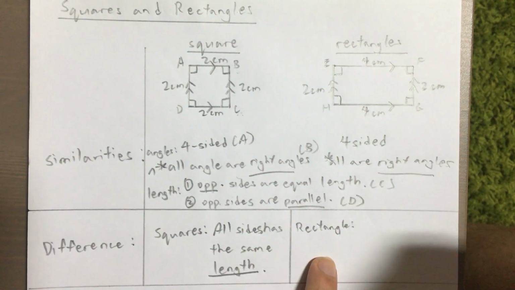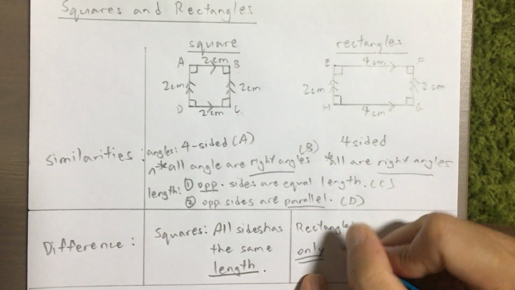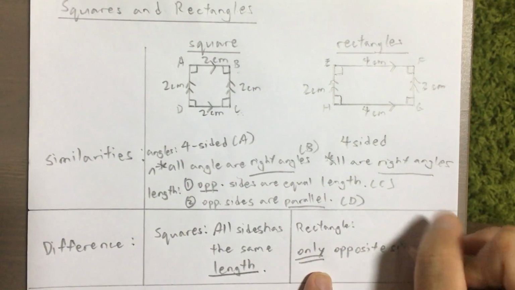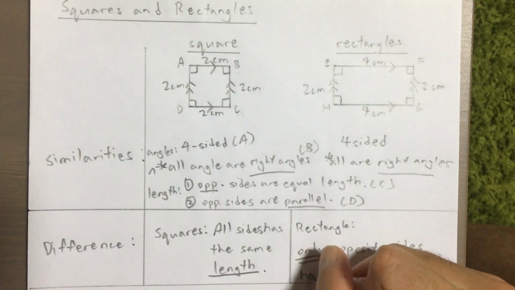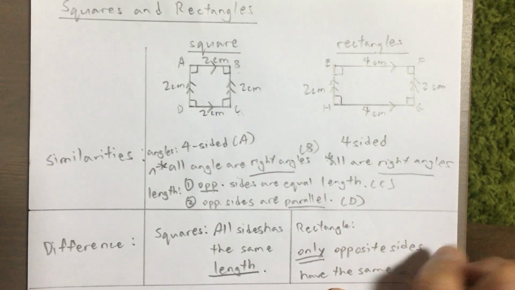So for rectangle, the difference is that only opposite, I'm going to spell it out for you, only opposite sides like EF and HG have the same length.